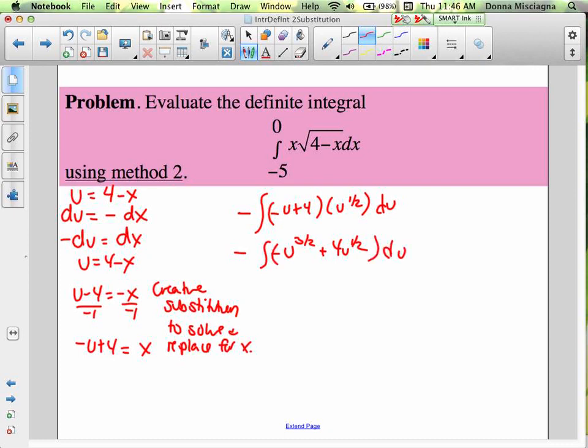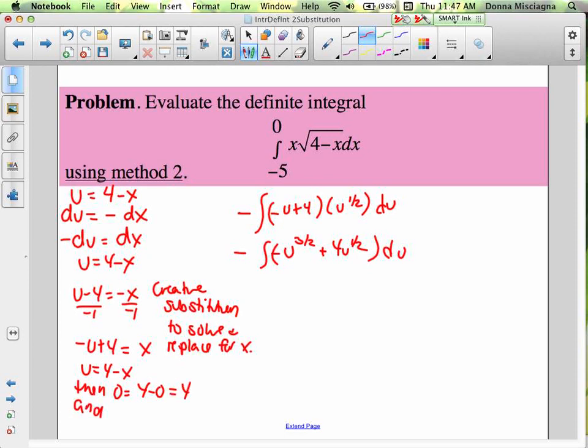How this problem will differ from the other problem is that now we're not going to substitute back. We're going to get new limits. So now all we do is we plug in the 0 and the negative 5 for u. Since u is 4 minus x, 0 is going to be 4 minus 0, or 4.